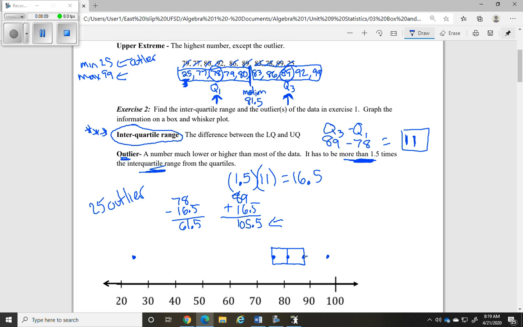This whisker can go to the highest number because it's not an outlier, but it can't go to that lowest number because it is. So we actually plot the next lowest number, which is 77, and connect the whisker to that and leave this point floating out here. When you see a point floating out there, you know it means it's an outlier.